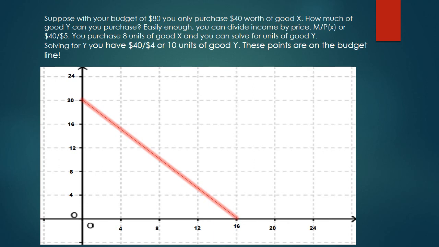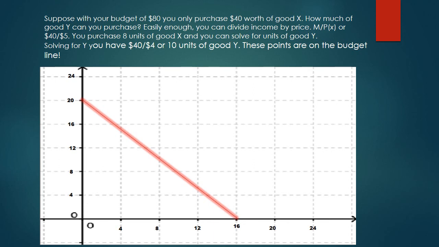Well, easily enough, all we have to do is divide our income by the price of the good, or M over P of X, or M over P of Y if we were going to do it the other way around. In this case, it's M over P of X, or $40 divided by $5, the price of good X. So 40 divided by 5, very hard math.